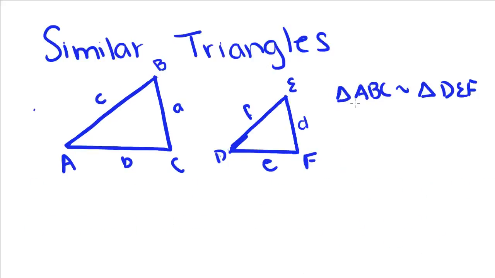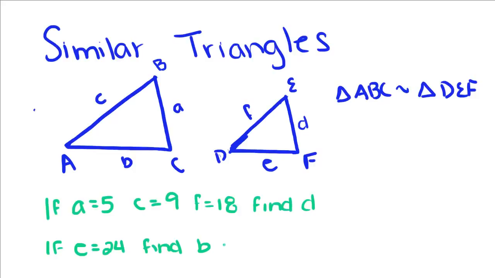So we know that triangle ABC is similar to triangle DEF. If we know that side A equals 5, C equals 9, and F equals 18, we want to find out what side D equals.